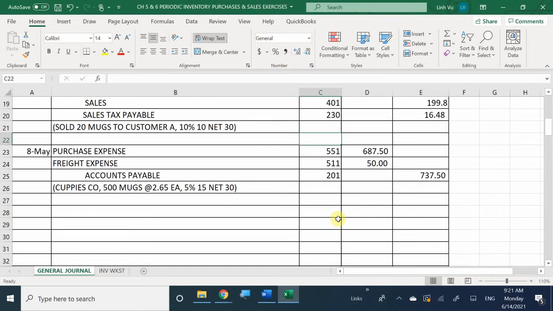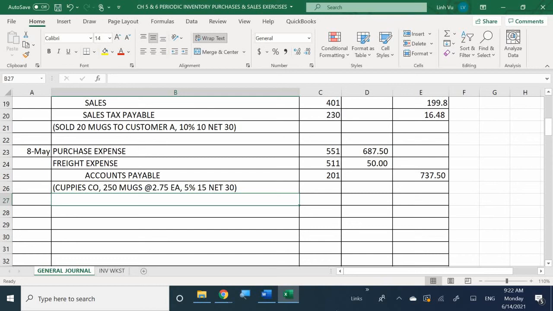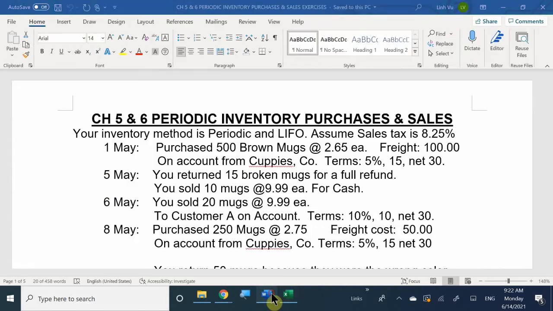Okay. Good. All right. I'm gonna make a note here, right? That I purchased this from Cuppy's Co. I purchased 250 mugs at a cost of $2.75 each. And my terms, right? What are the terms that I was given?